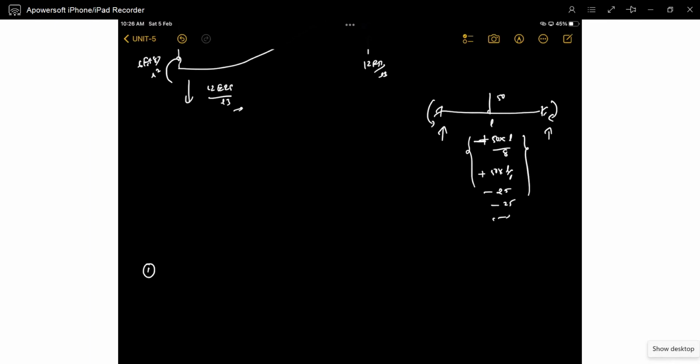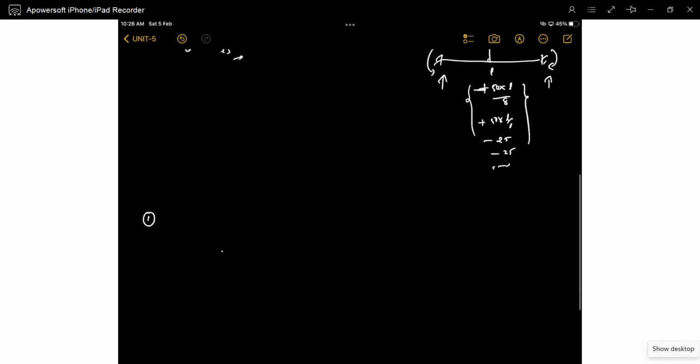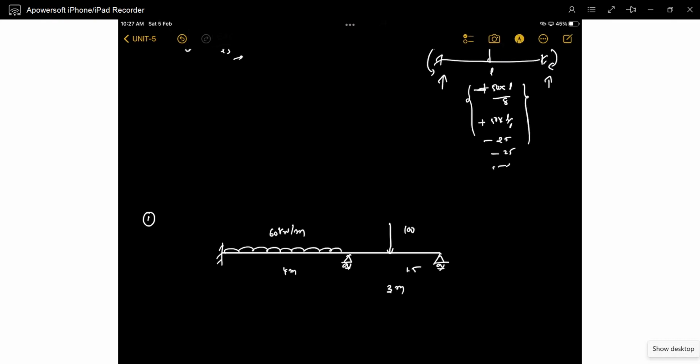Okay, so take a very simple problem. 60 kilonewton meter and 100, this is 3, 1.5, this is also 4 meters, 4 meters.